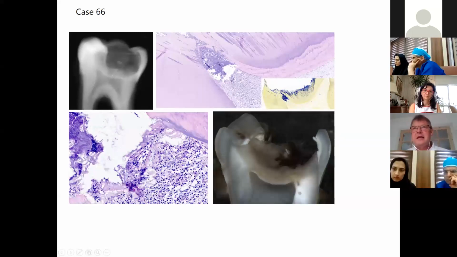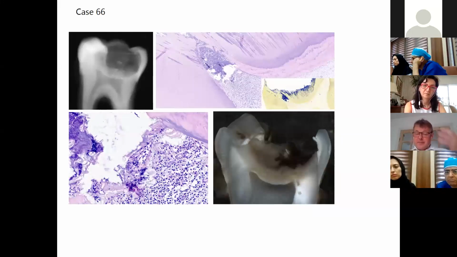They may not have entered the pulp yet, but in fact, it's a repeat of the old study from the 60s with Reeves and Stanley, showing that when you are in a situation where the bacteria are involved in the tertiary dentin, you expect quite soon that they will be in the pulp.